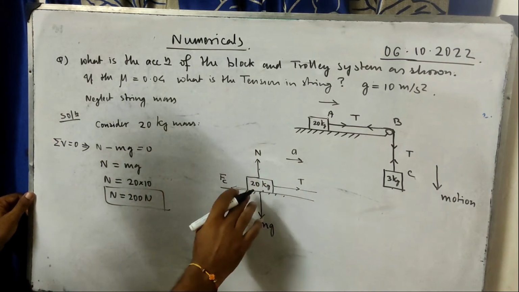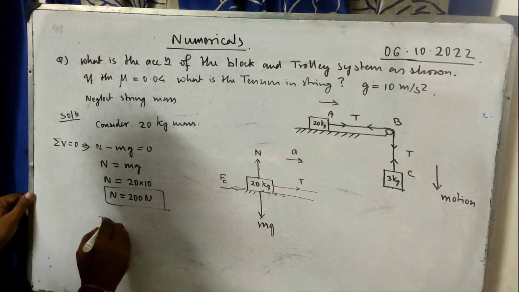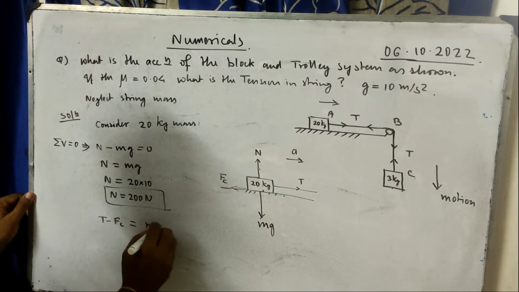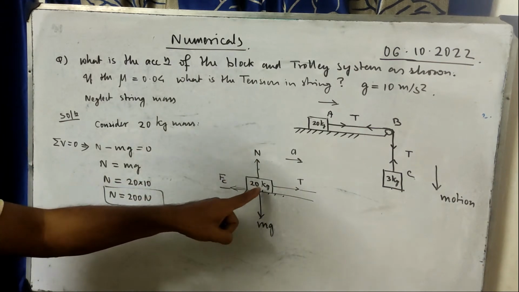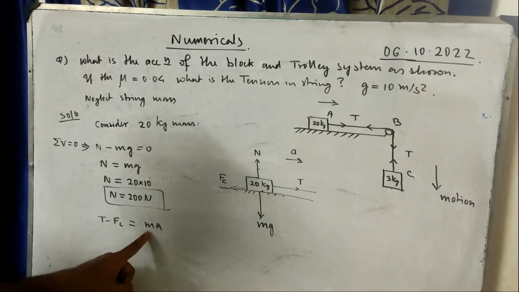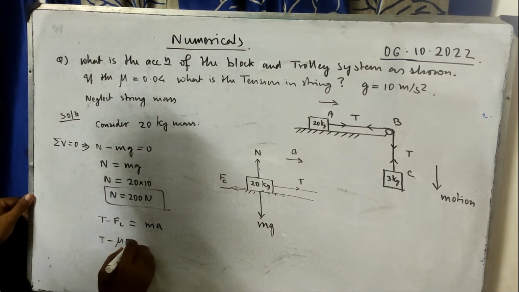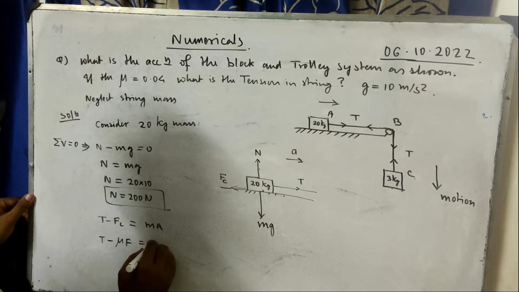Now here motion is there, so T minus FC will be M into A, because which block is moving? This 20 kg block, so that mass we have to take. So T minus FC, which is nothing but mu N, is equal to mass 20 kg into acceleration, right?